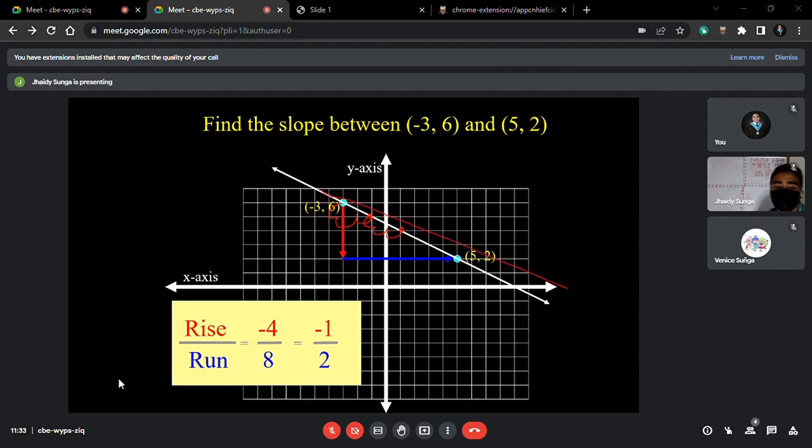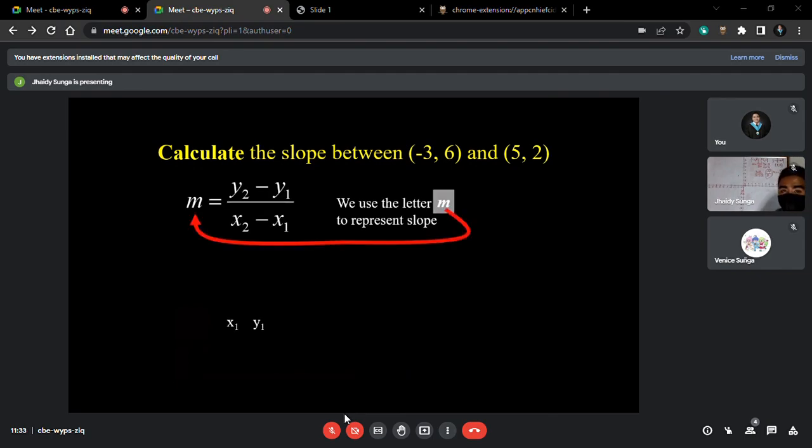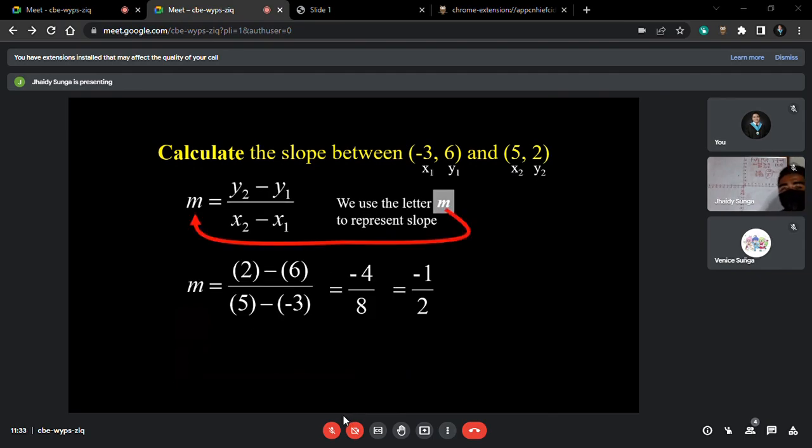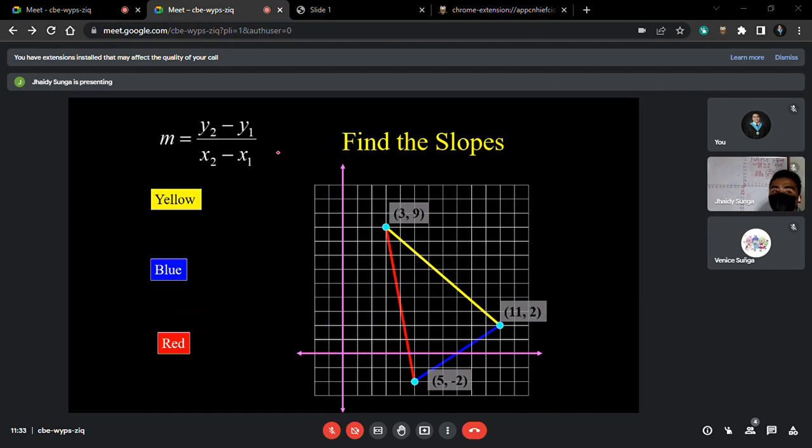Okay, alright. We calculate things from what I showed a while ago. I want you to find the slopes. We have the yellow, the blue and the red. From this coordinate, we could get the slope from this formula.